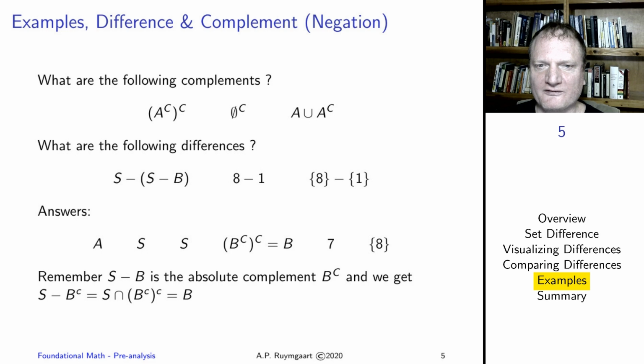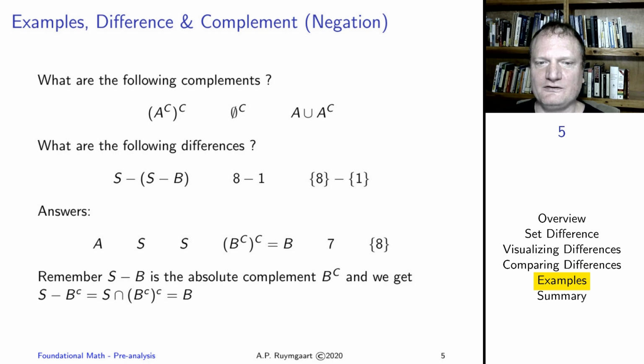Now let's look at a couple of set differences, or actually we should just say differences in the center row. First we have S minus, in parentheses, S minus B, and these are sets. Now remember that we define the absolute complement of B as the difference between the universal set and B. So S minus B, by definition that we saw earlier, is the absolute complement of B. So what we really have here is S minus B^C.